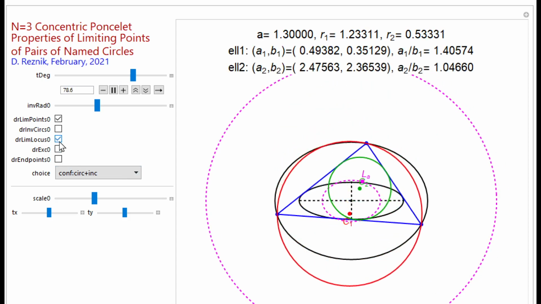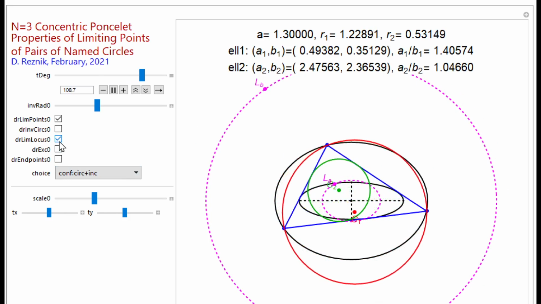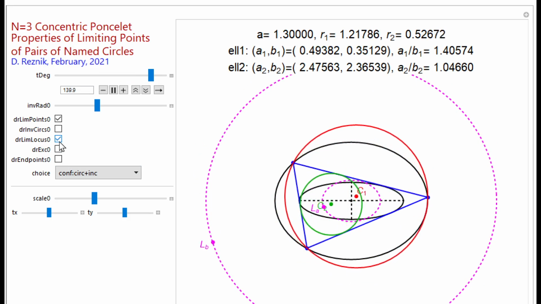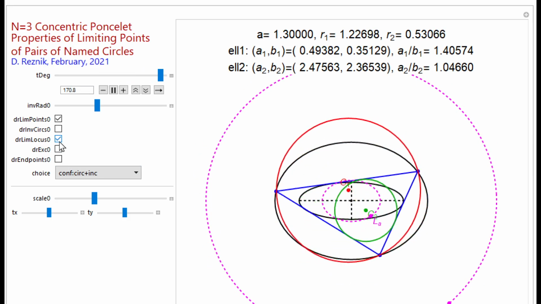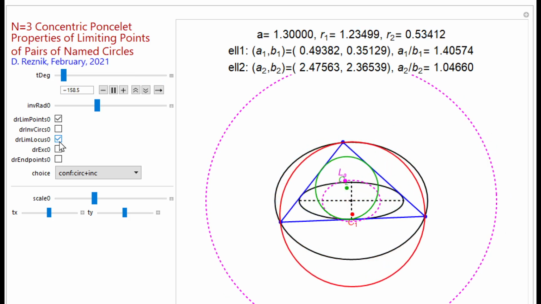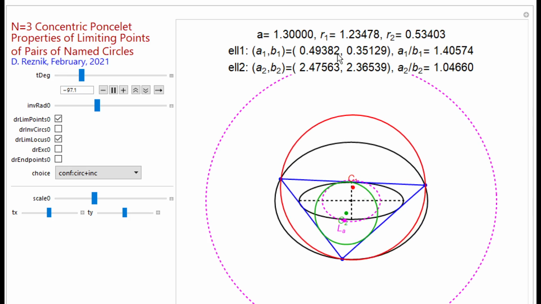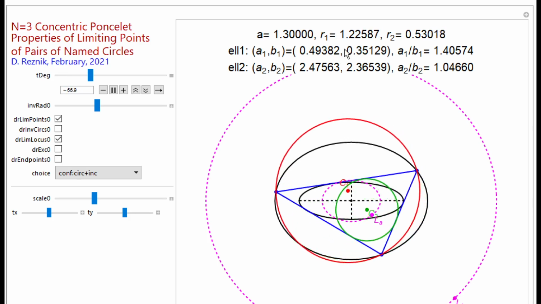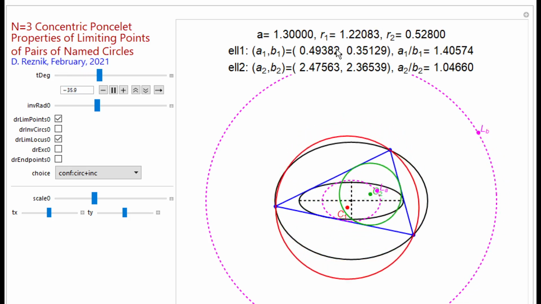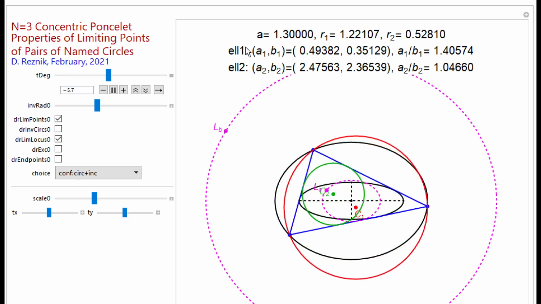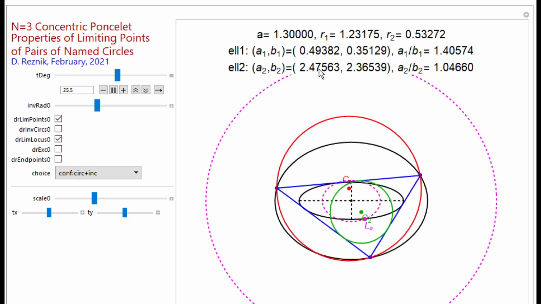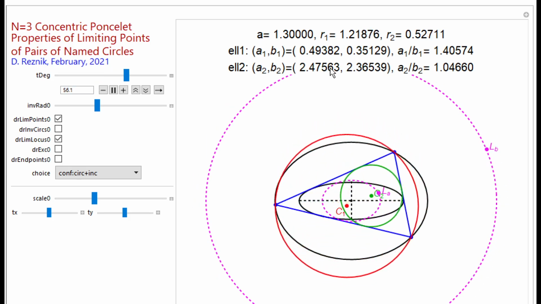So for this particular pair, incircle and circumcircle, you don't get a lot of harmony, but you get some harmony because these two loci are perfect ellipses. You can see here that I'm indicating the axes of the ellipse of the first limiting point. So let's call this LA. And here's the axis of the ellipse of the second limiting point, LB.